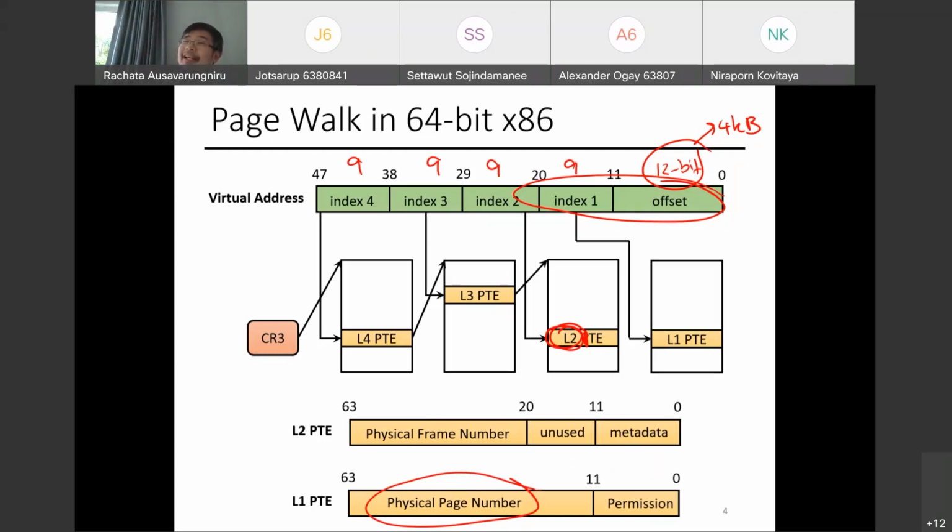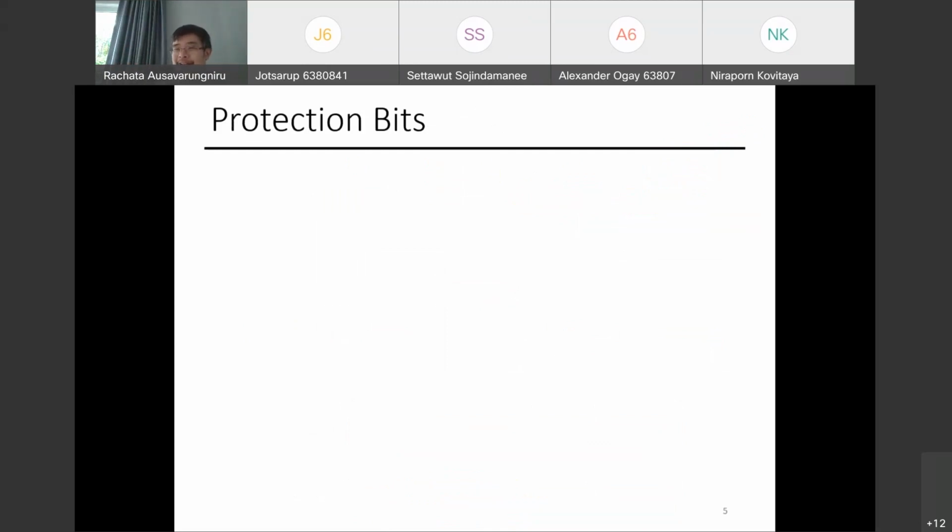It is checking if you can access the data or not. If you cannot access the data in your program, you're going to get things like a seg fault, right? So that's what the permission bit is for. We sometimes call this the protection bit, right?